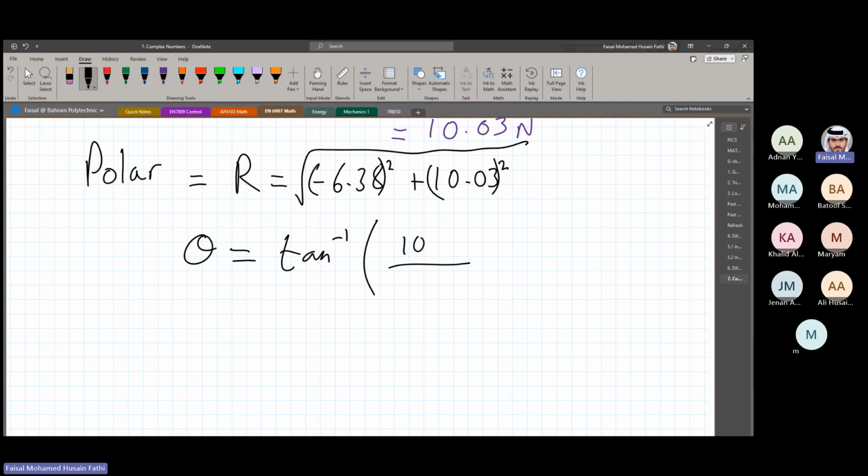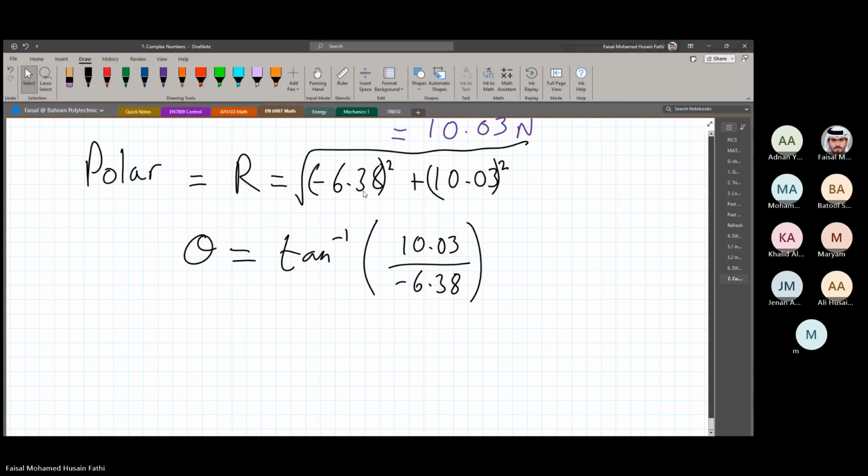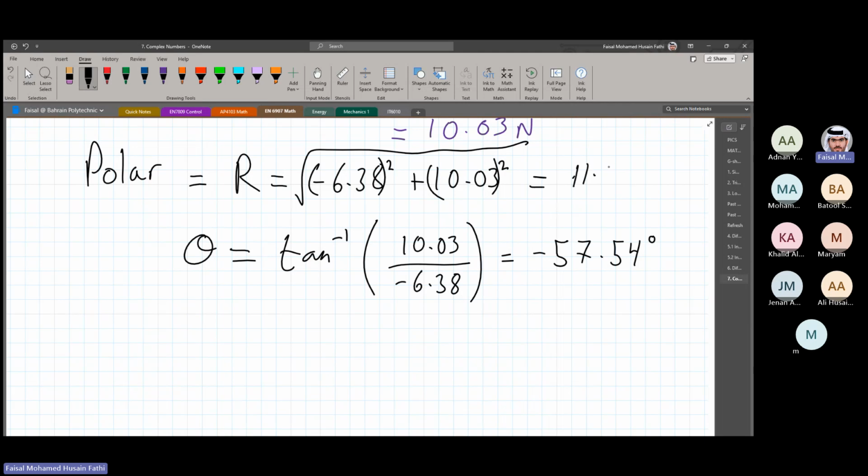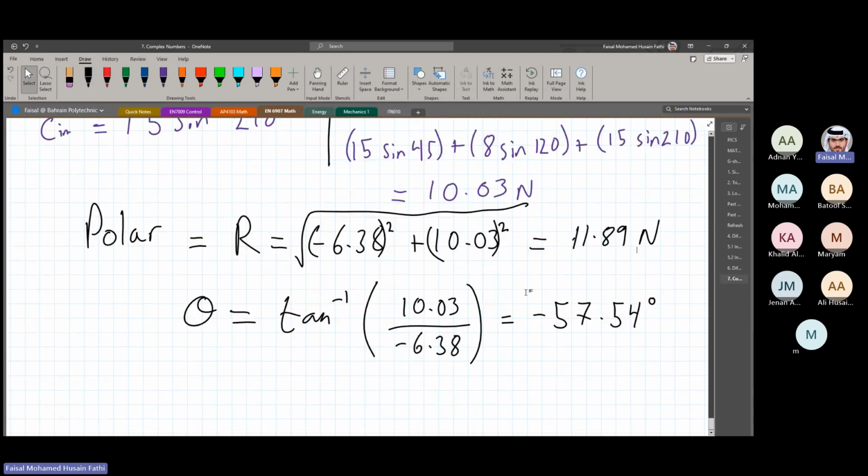Can someone find the R value? 11.889 newtons. So this is our final magnitude and this is our final direction.